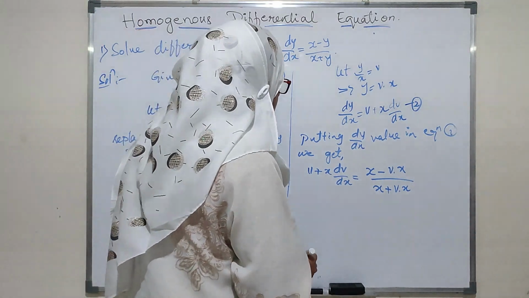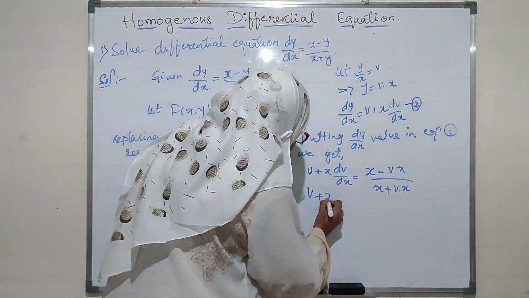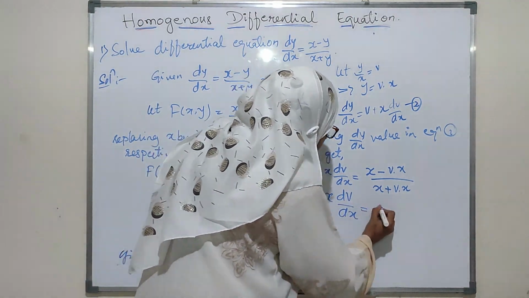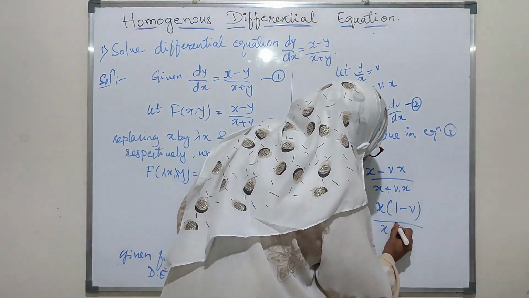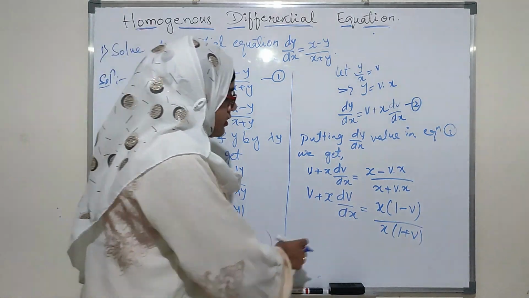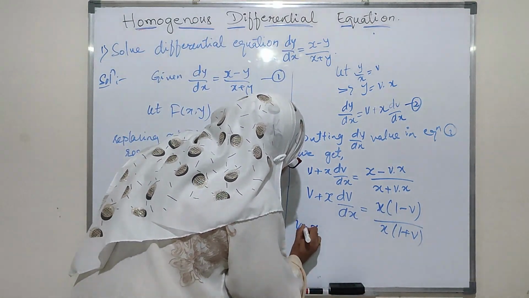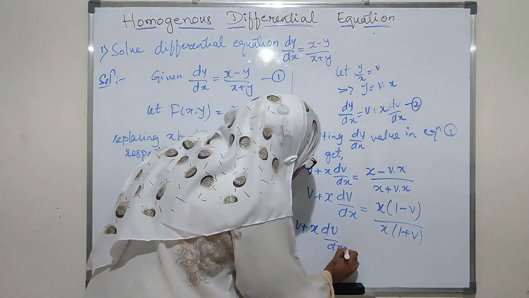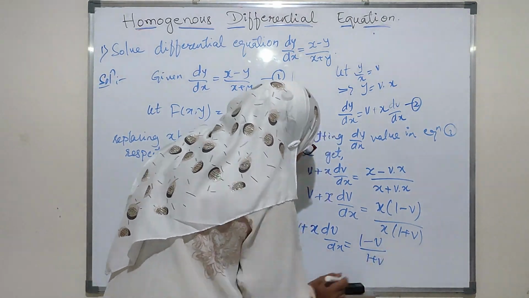Here, v plus x dv by dx is equal to, x is common, 1 minus v divided by 1 plus v. So the x and x get cancelled. What is remaining? v plus x dv by dx is equal to 1 minus v divided by 1 plus v.